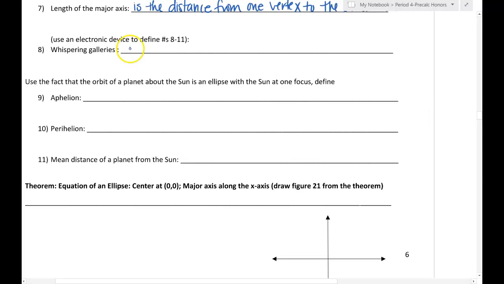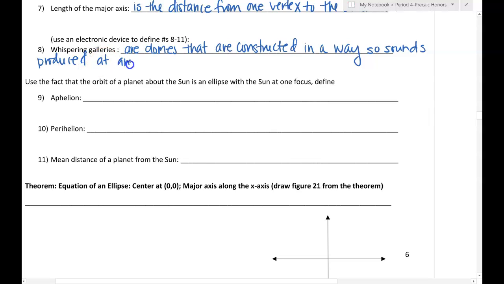Whispering galleries are domes that are constructed in a way so sounds produced at any certain point are clearly audible at another location.